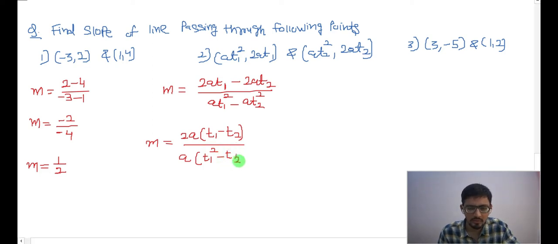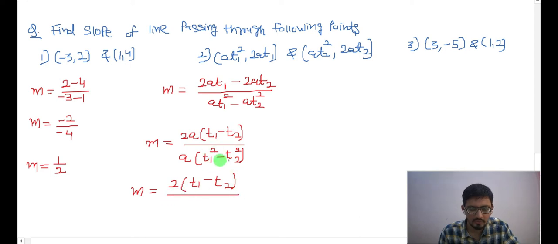Okay, now just you have to simplify this, nothing else. So here we can see that a will get cancelled. So what is left in the numerator? 2 bracket t1 minus t2, and denominator we can factorize, a square minus b square is a minus b, a plus b.